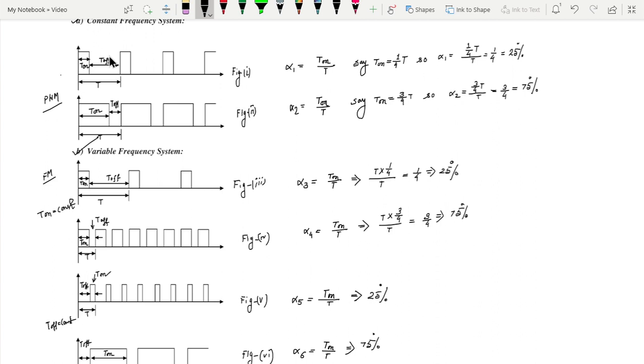But the low time ratio we get by varying the frequency, because in case of variable frequency we are increasing the denominator of T on by T. So by changing the T, we get low time ratio control. Low TRC is possible for variable frequency, but in case of pulse width modulation, the constant frequency case, it is not possible. So this is the limitation of pulse width modulation.